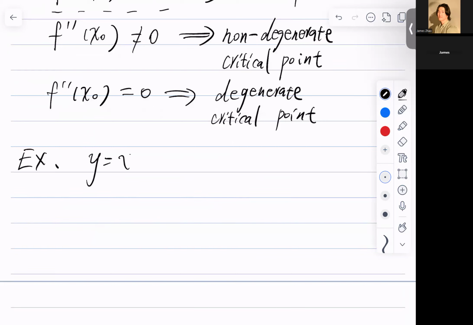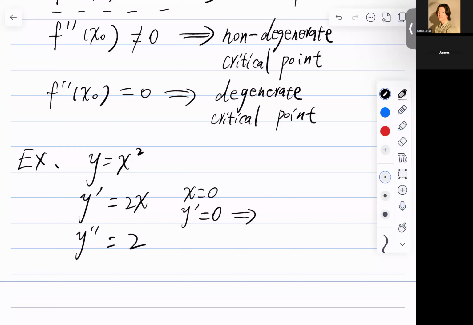So the easiest one, y equals x squared. We can see that the derivative y prime equals 2x. And if we take the double derivative, we see that this equals 2. And if x equals 0, we say that y prime equals 0, which we know that x equals 0 is a critical point.